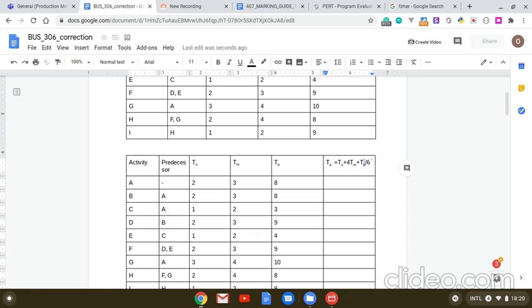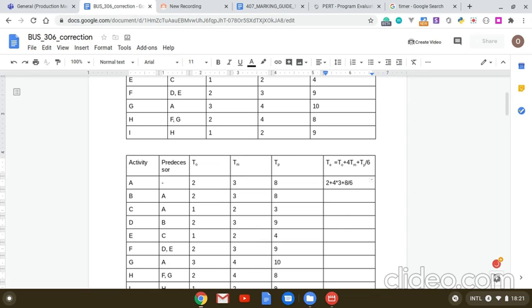Now, to get this value, the first one is 2 plus 4 times 3 plus 8, all divided by 6. If you have a calculator there, you will know your final answer.